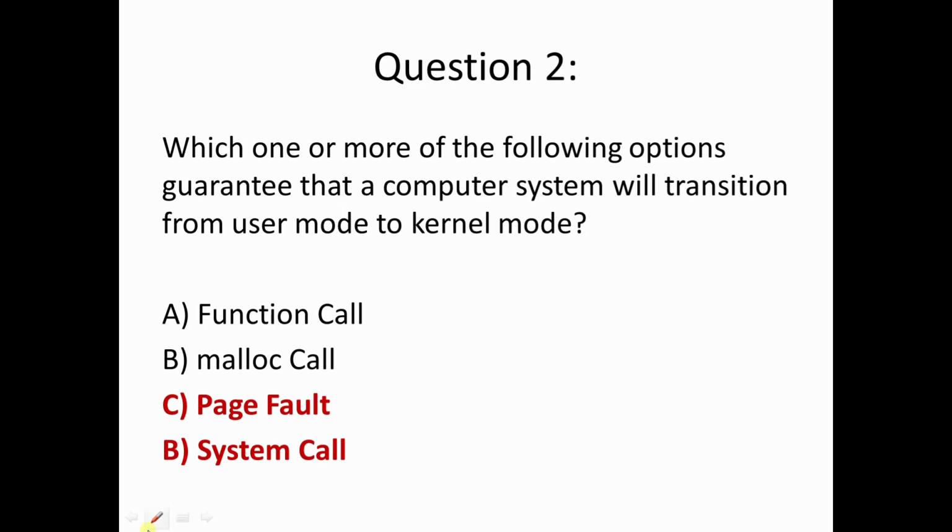There may be a chance of a transition from user mode to kernel mode when a page fault occurs. So there is a 50-50 chance in page fault, so we can't leave this option. It's not a guarantee, so it does not guarantee the transition from user mode to kernel mode.